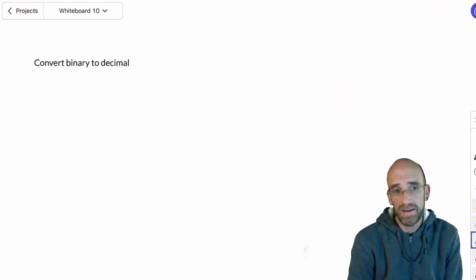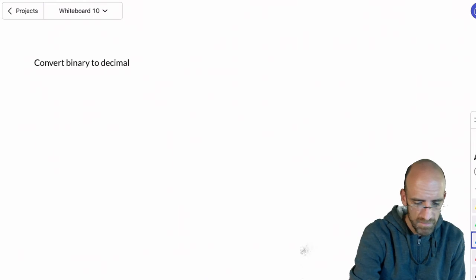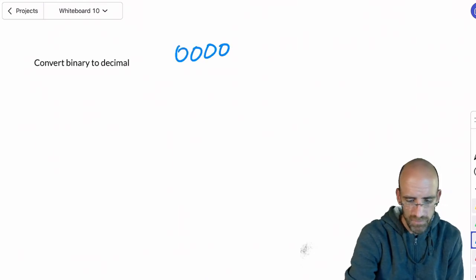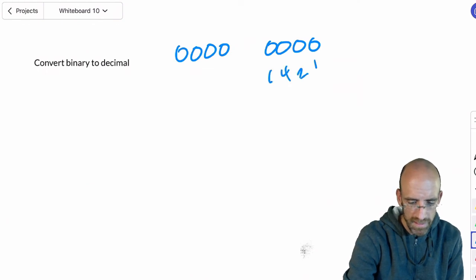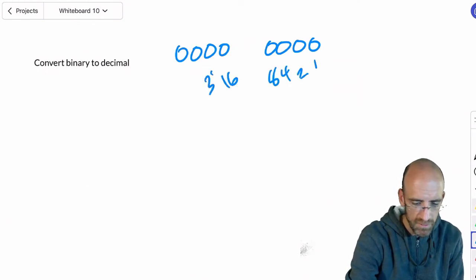To convert from binary to decimal, again, I use the same trick at the top: 1, 2, 4, 8, 16, 32, 64, 128.